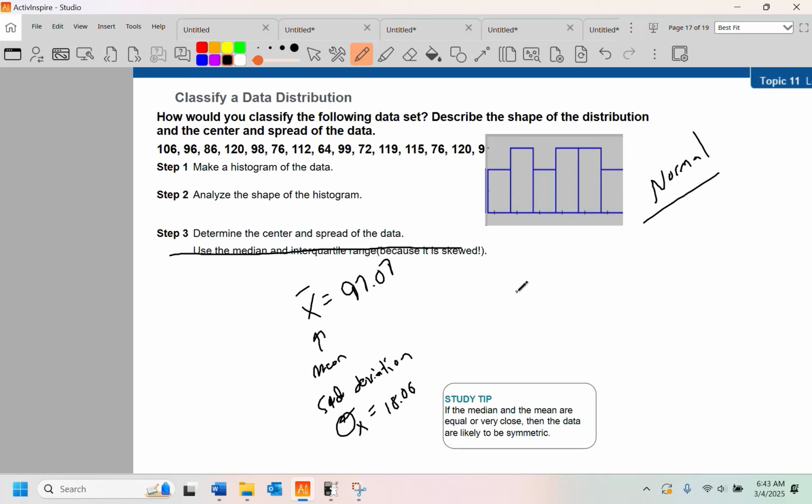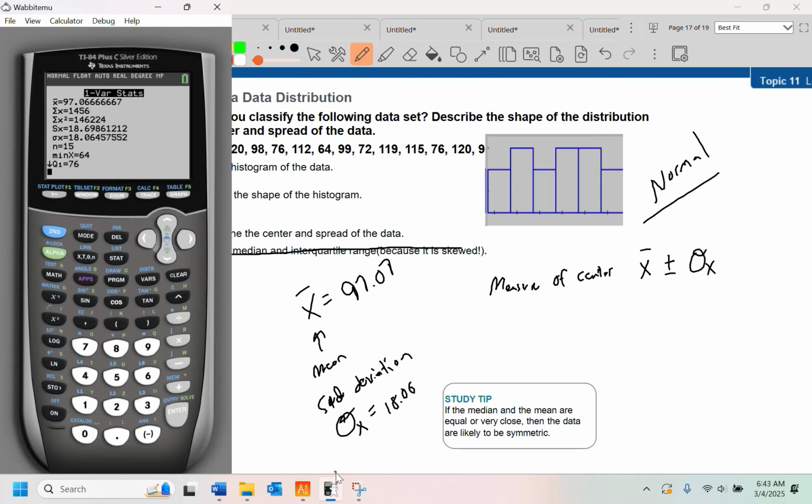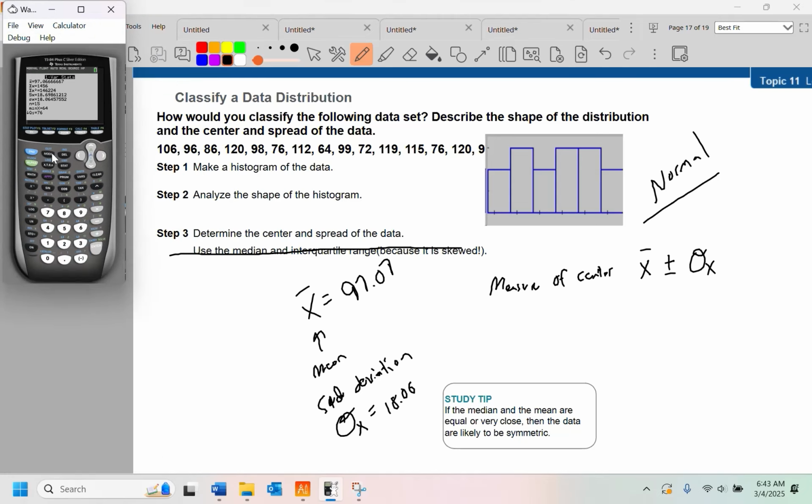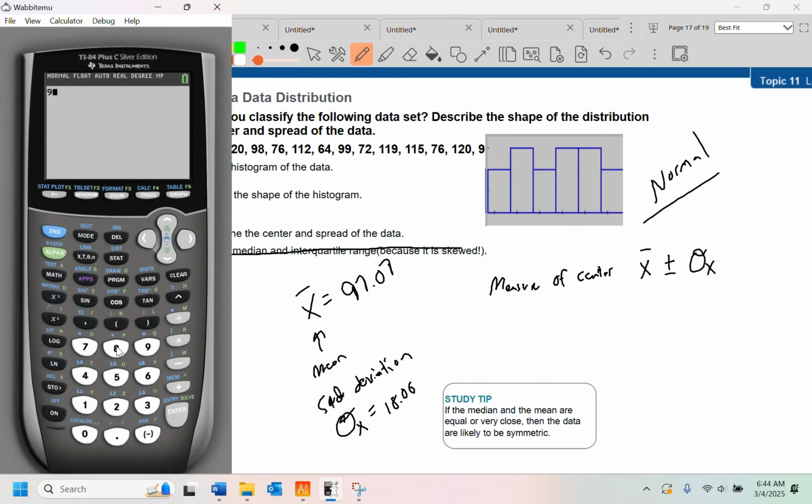Now, our measure of center is X bar plus or minus the standard deviation. And let's go ahead and compare that to what the author of the book is suggesting we do, okay? Because it's not bad practice. 97.07 plus 18.06 is 115.3 at the top end.